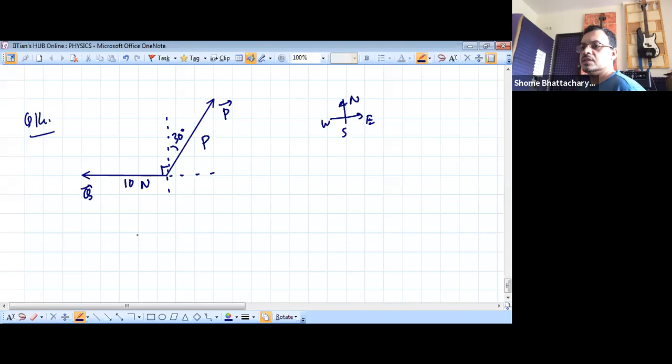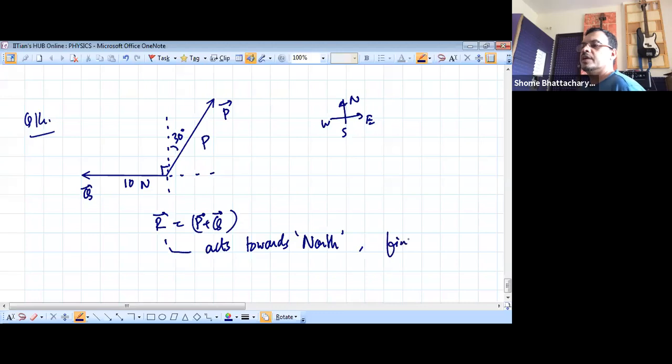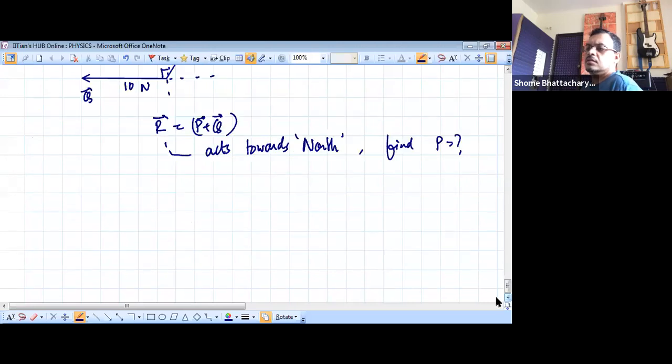Now it is given to us that the resultant of P and Q, this is the resultant, then this acts towards north. Okay. So from this we have to find magnitude of P. So all we have to do is now convert this given diagram into the vector triangle, the summation triangle.